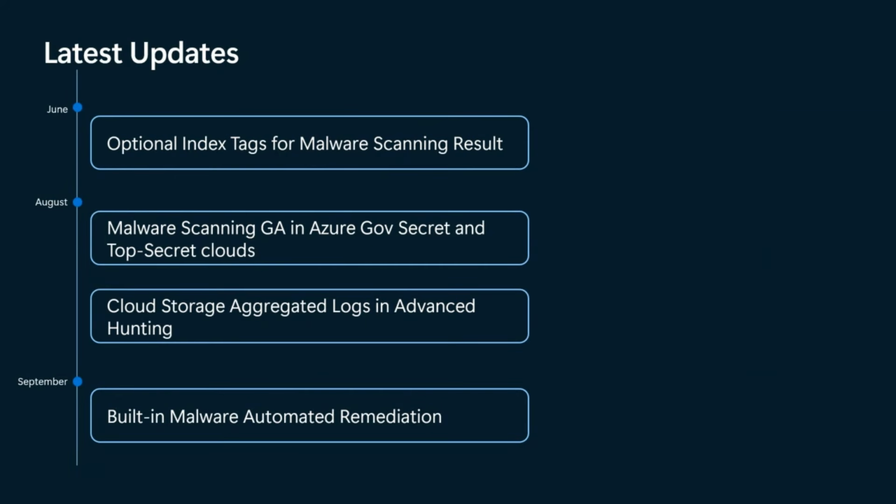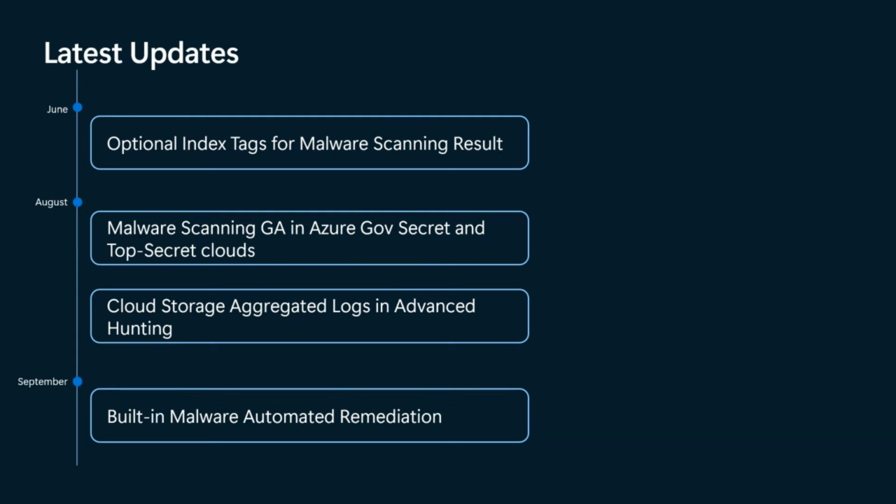So a bit of what we released over the last 6 months. In June, we released the option to do optional index tags. If our customers use blob index tags for storing scan results, we now allow that. That was the default action. This is now optional, though it's on by default. You can choose not to use the index tags.